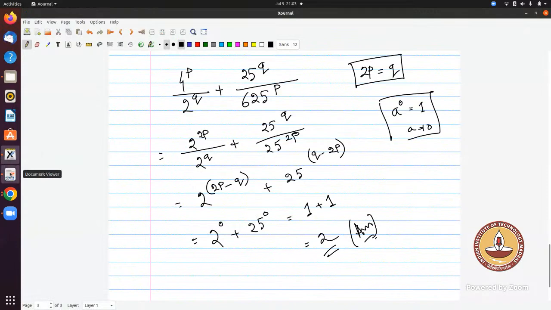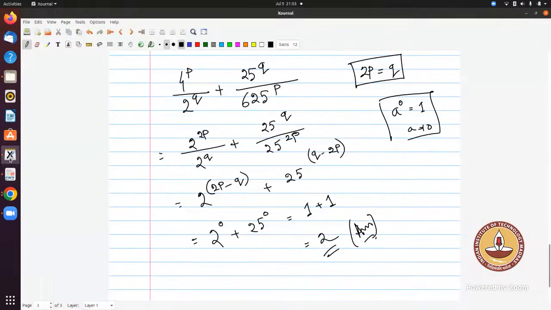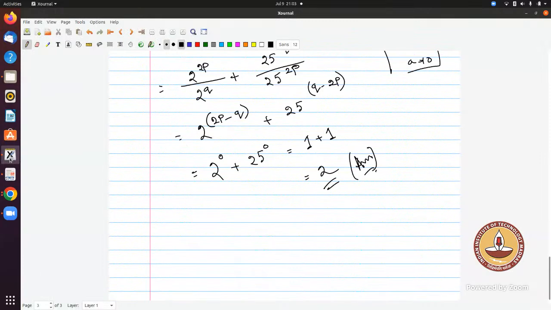So what we actually are getting. If I write down the equation, A(t) is A naught into 1 by 2 power t by 1600. This is what the equation is.